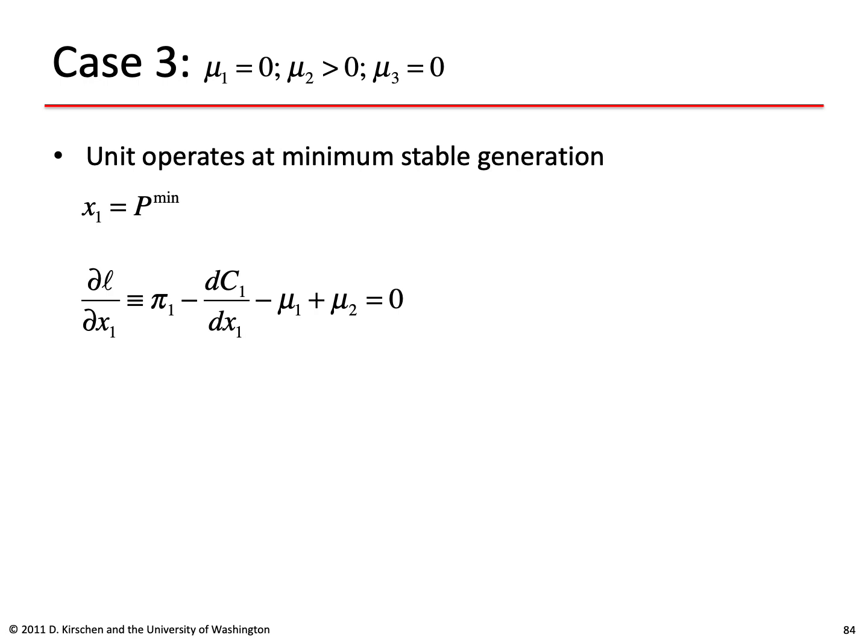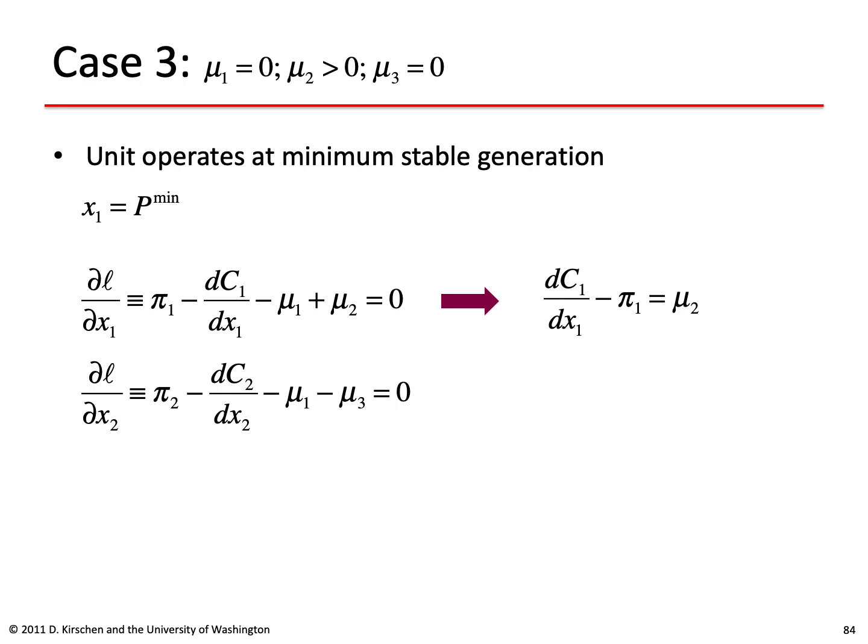The first one gives us that dc1 over dx1 minus pi1 equals mu2. The second one gives us that dc2 over dx2 equals pi2. Therefore, under these conditions, this generator makes a marginal profit on the reserve.